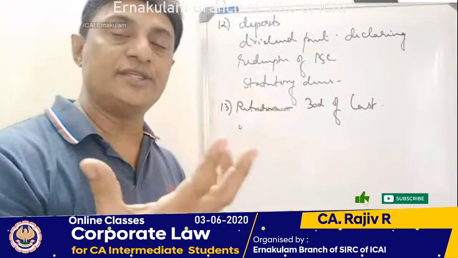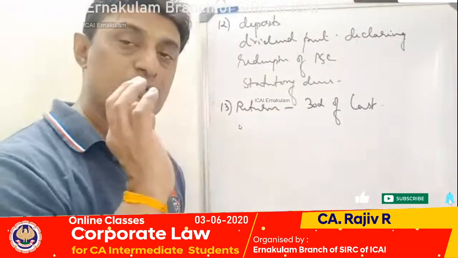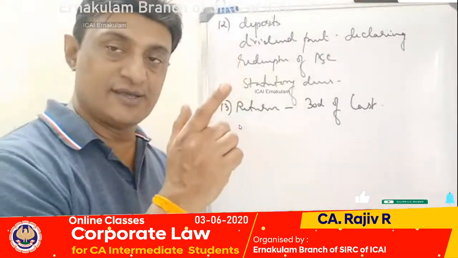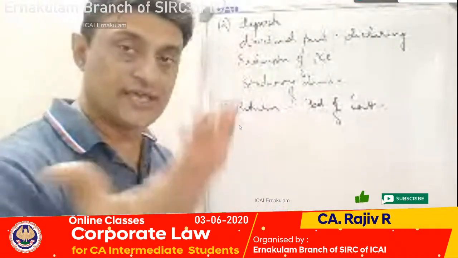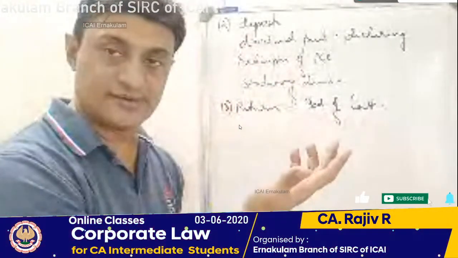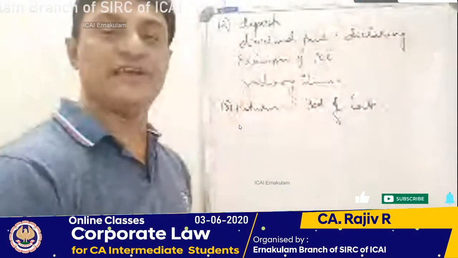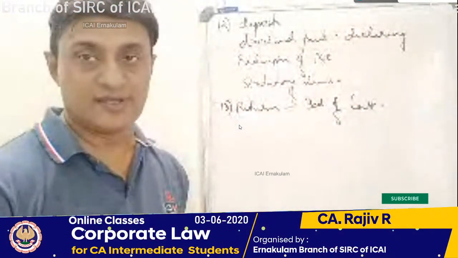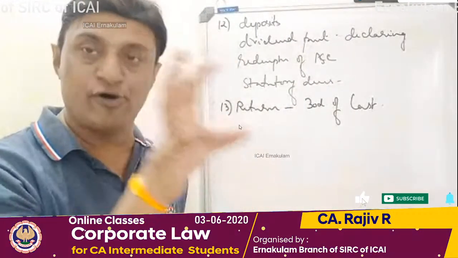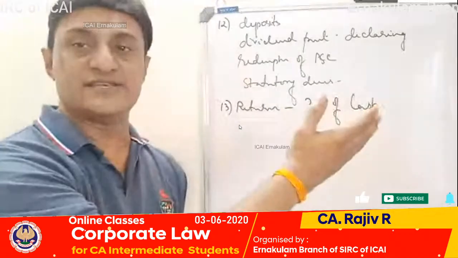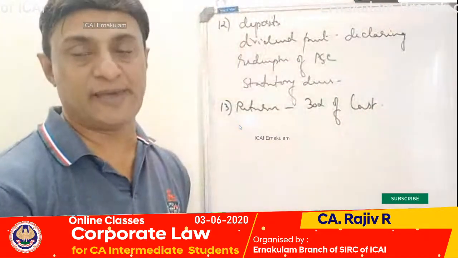So every action that a company does has to be fed back. You must give a feedback. We call it, and this is done through the instrument of a return. So every company shall file a return of buyback in the prescribed format. There's a form number within 30 days of the last buyback.